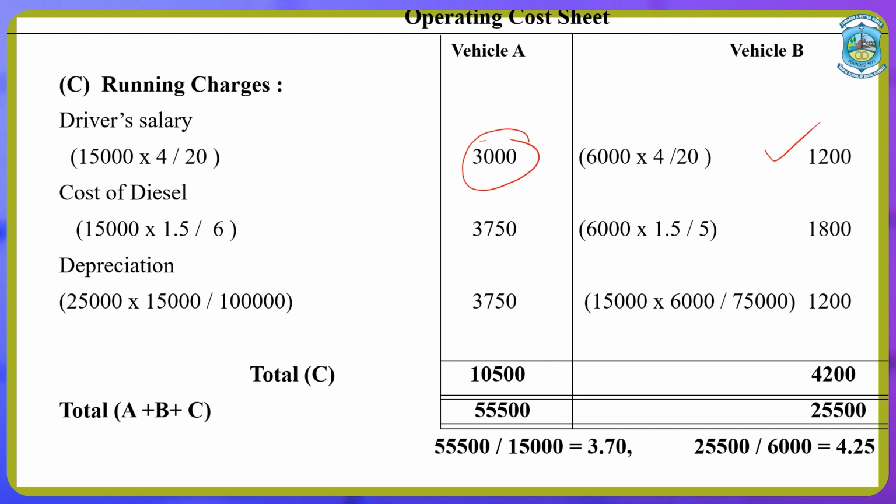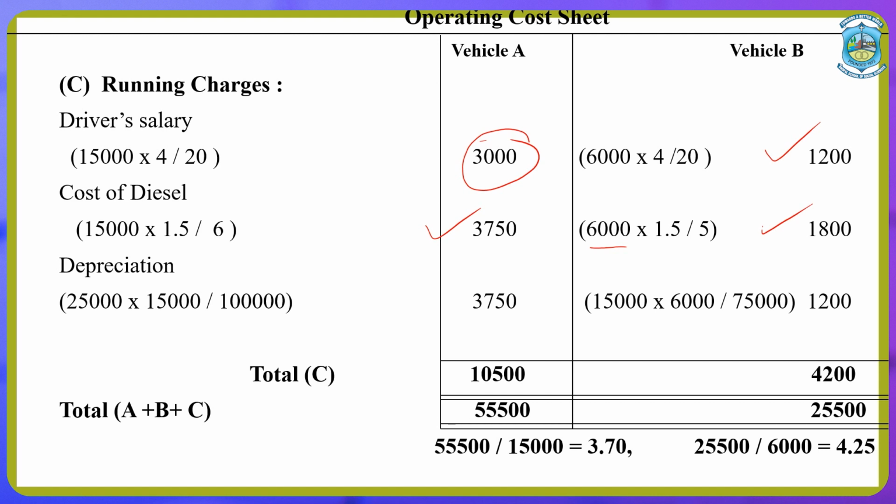Cost of diesel for vehicle A: 15,000 kilometers multiplied by 1.5 divided by 6, the calculation is 3,750. For vehicle B, 6,000 multiplied by 1.5 divided by 5, amount is 1800 rupees.